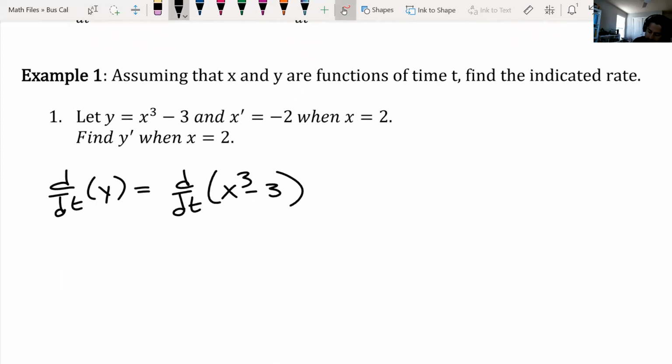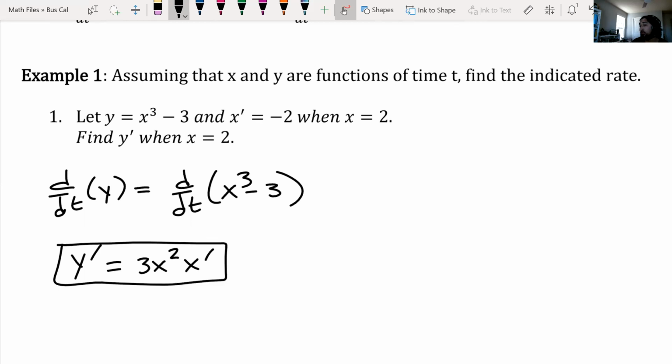And then d over dt of y is going to be y prime, and d over dt of x cubed, which is now going to be an implicit derivative of x, is going to be 3x squared x prime. And there's our implicit derivative.